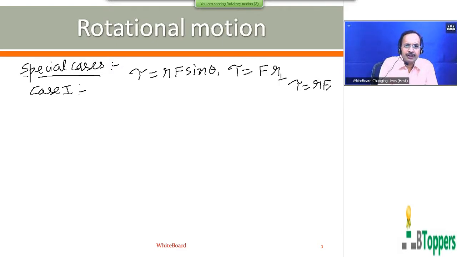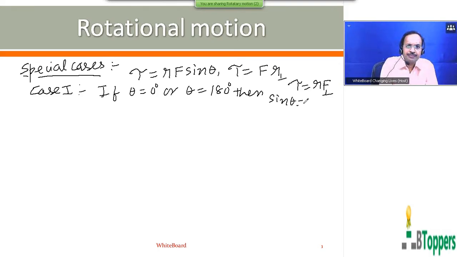As explained, you can write it in any one of three ways. So if theta is 0 degrees or theta is 180 degrees, in both these cases, the value of sin theta is 0 and the magnitude of the torque will be 0.